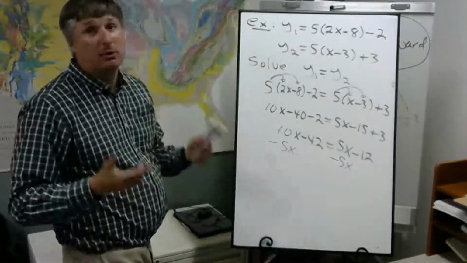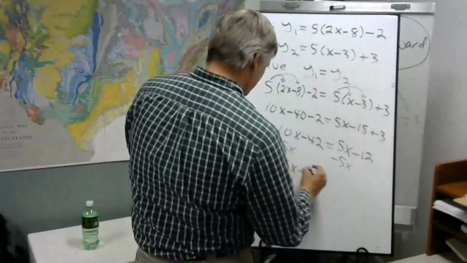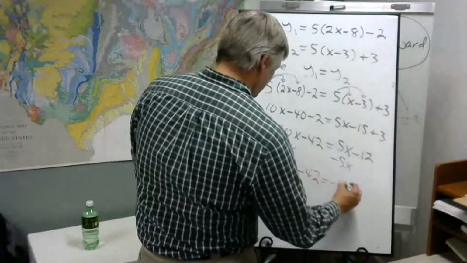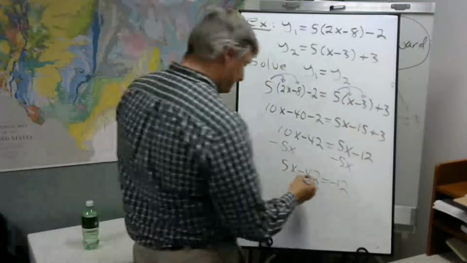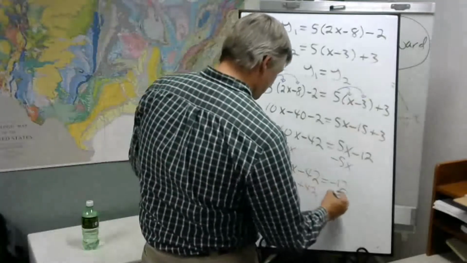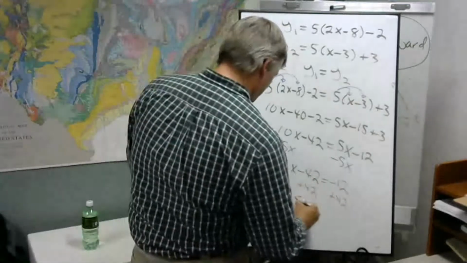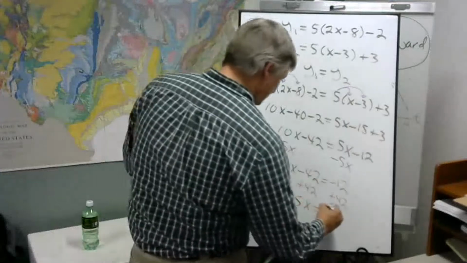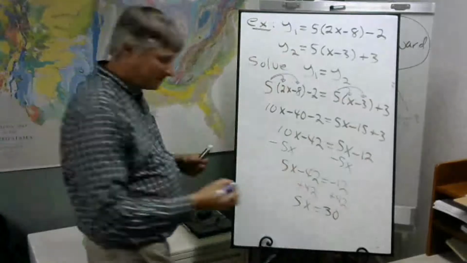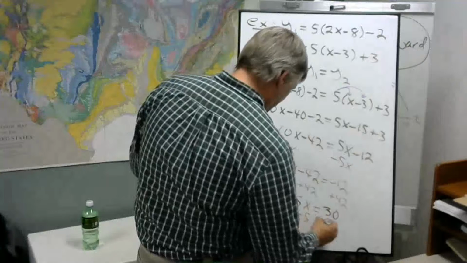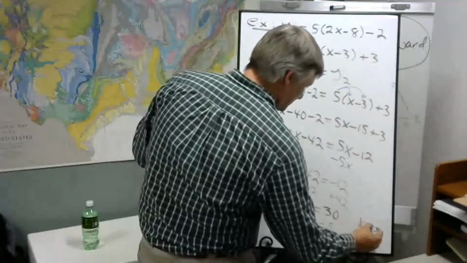And again, what we do to one side, we always do to the other. Add negative 42 to both sides. Finally, divide by 5. And we'll get x equals 6.